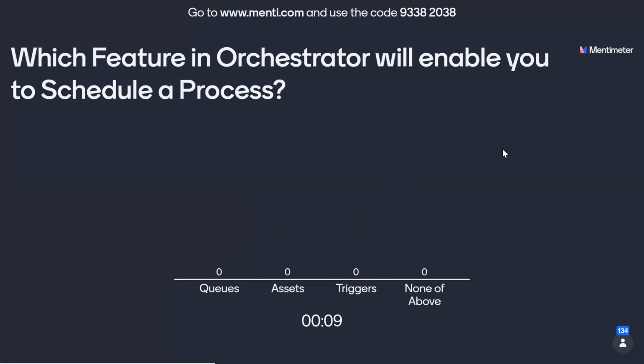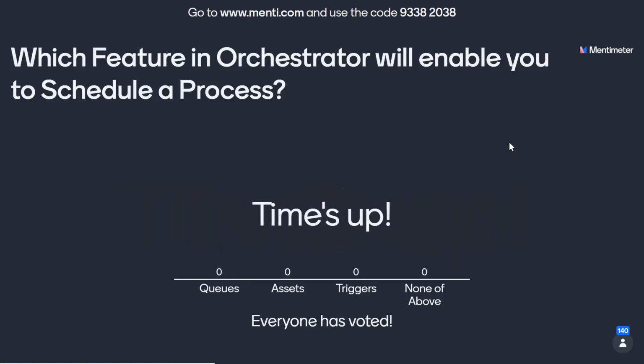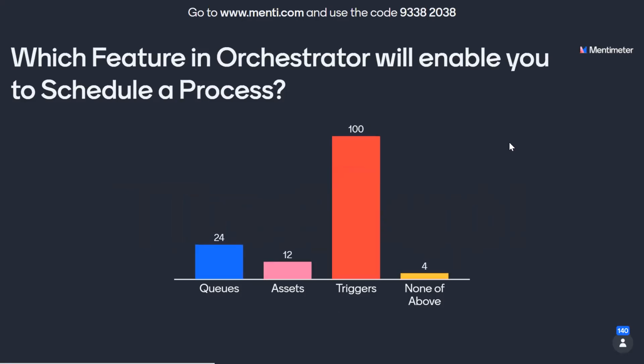Fastest finger will get more points. Time's up, and the answer is triggers. Most of the people gave the correct answer. Who gave the wrong answer? The feature that enables you to schedule a process is triggers.